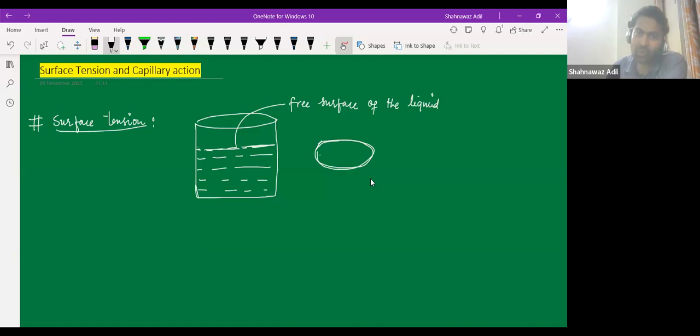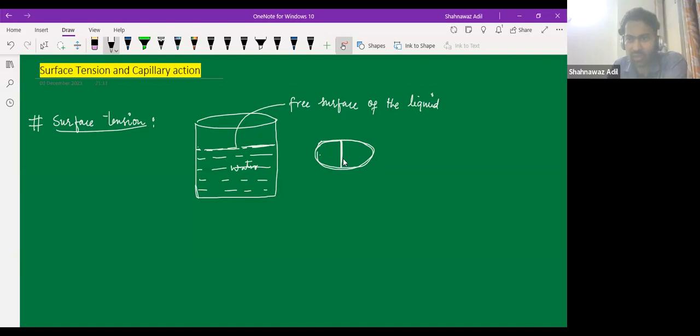And if you put, let's say, a nail, or some needle at this surface, what should happen to this needle? We know that this is water, right?